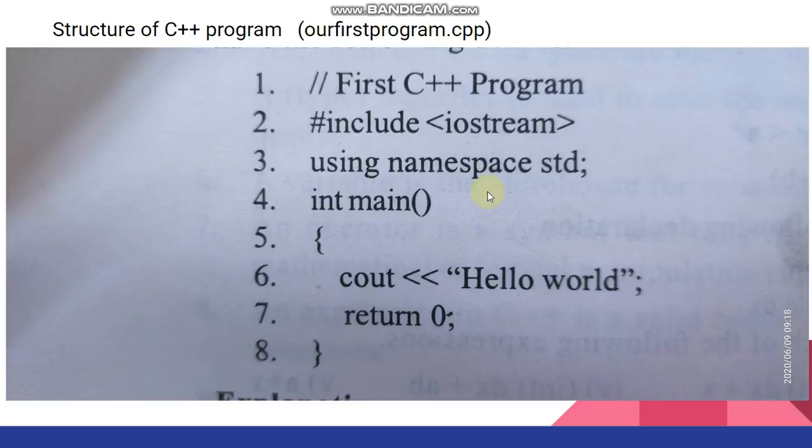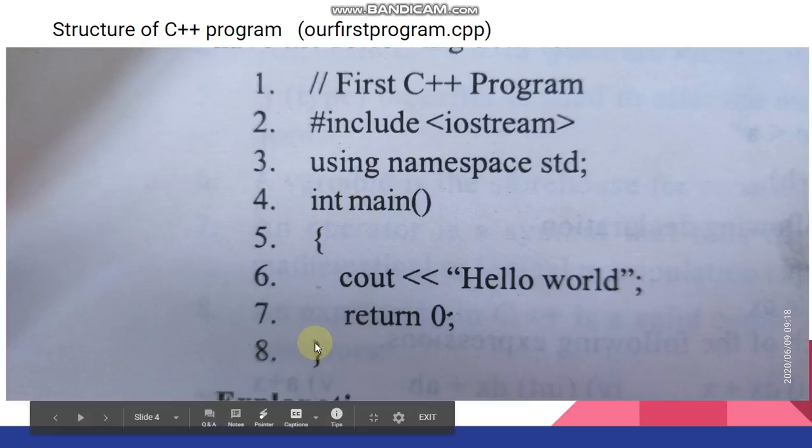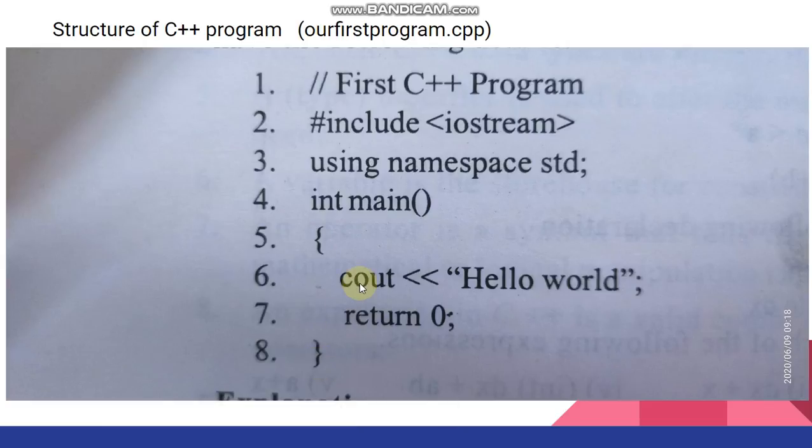It is opened with an opening brace and closed with a closing brace. When a program begins running, the system automatically calls the function main, which marks the entry point of the program. So every program must have one function named main and no other function in the program called main.